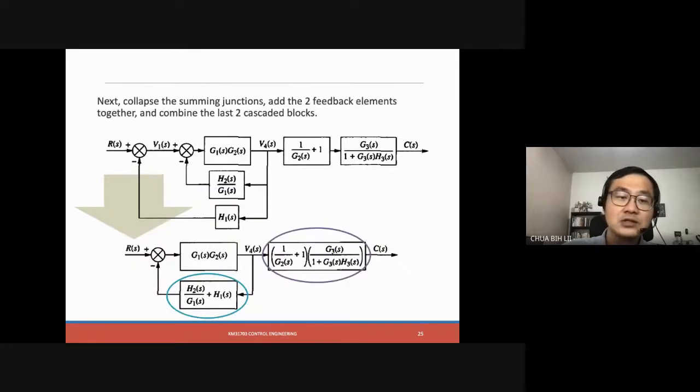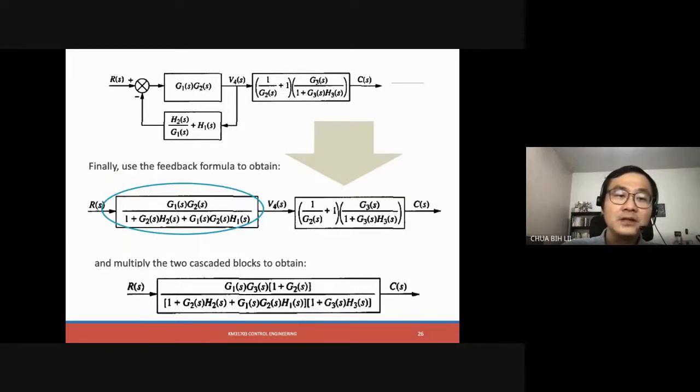Again you can combine: cascade, combine, feedback loop, combine, and then these two feedback loops, combine, and after this is a so-called cascade, combine.